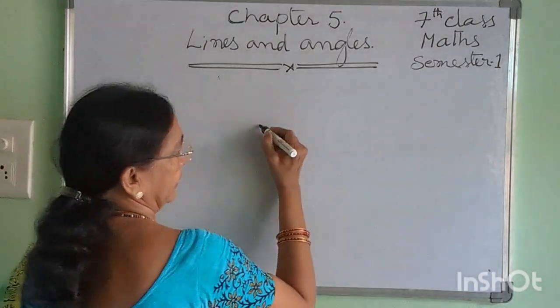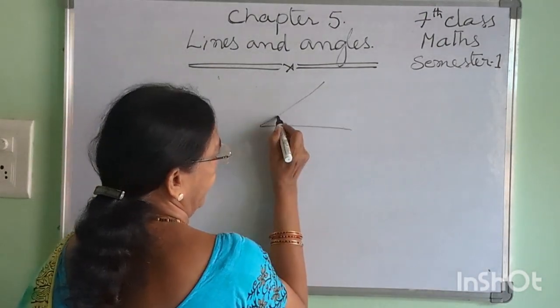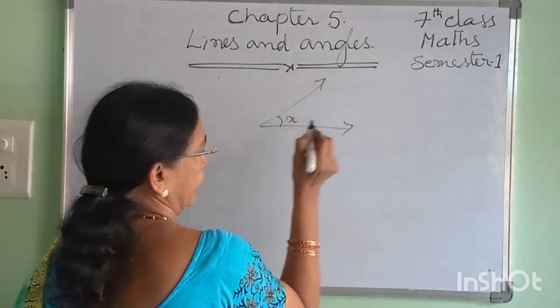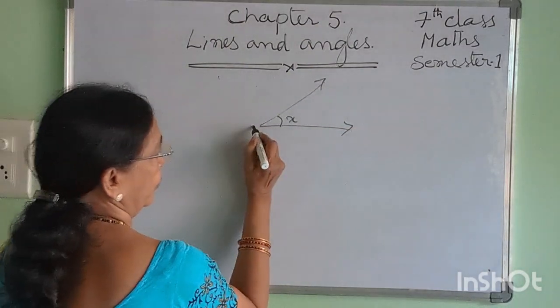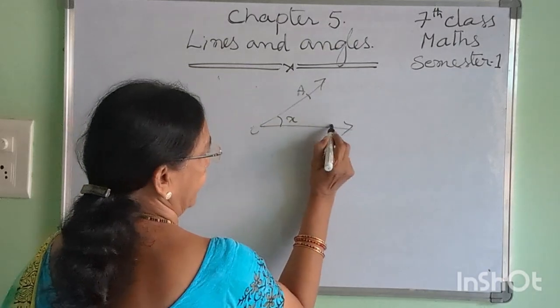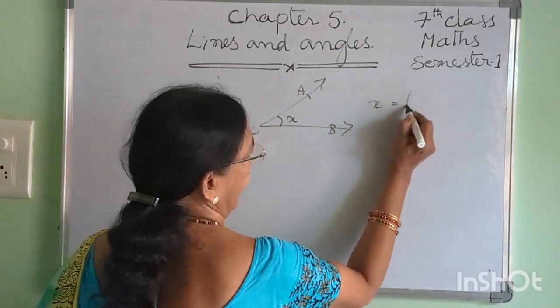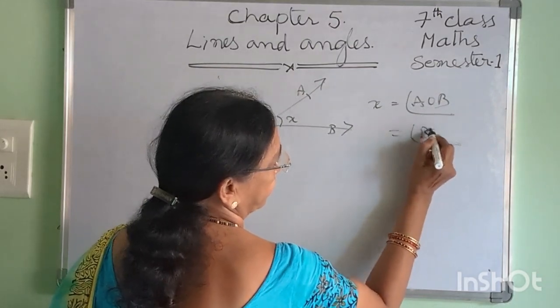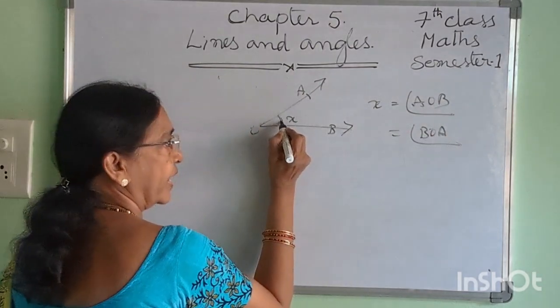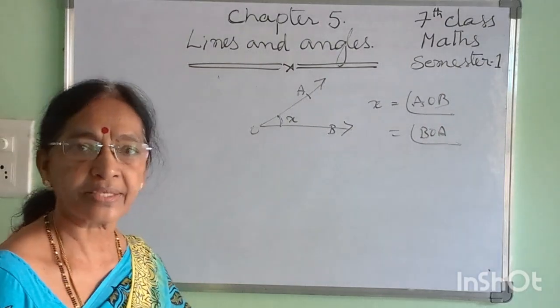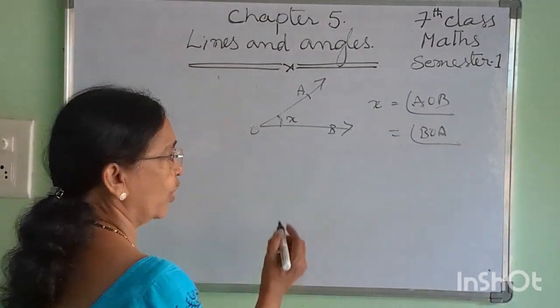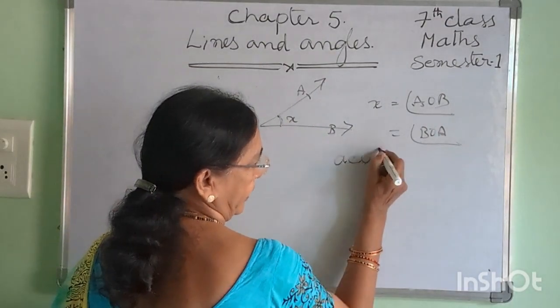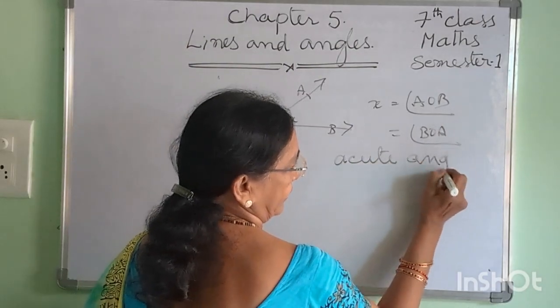Let this angle be X, with points O, A, B. So X is equal to angle AOB or angle BOA. If this angle is less than 90 degrees, it is called an acute angle.